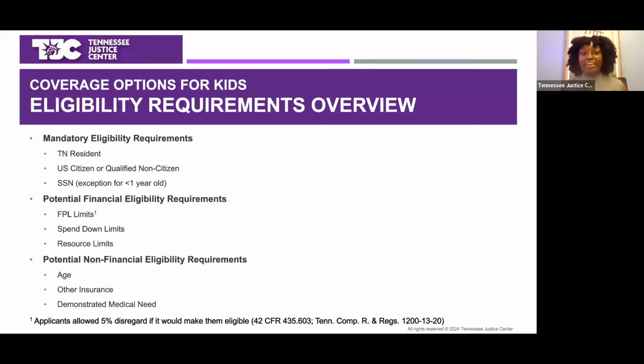So for example, if a category has a 133% federal poverty level limit, a household could actually earn up to 138% and still qualify. I didn't include the 5% disregard in these slides just so they would match what you'll see in the TennCare policy manual, but just keep in mind that there really is that additional 5% tacked onto each of these categories.